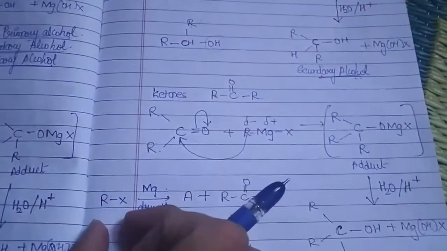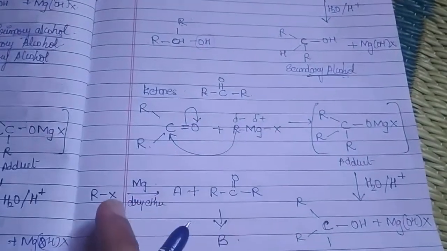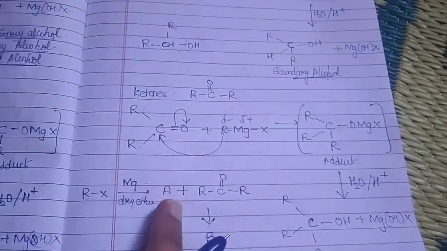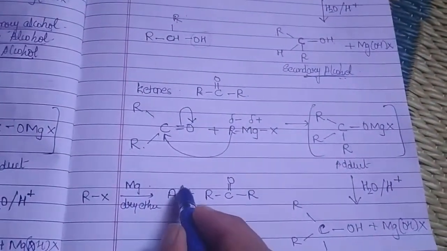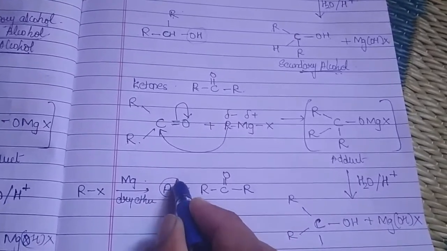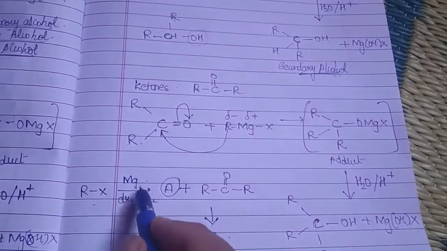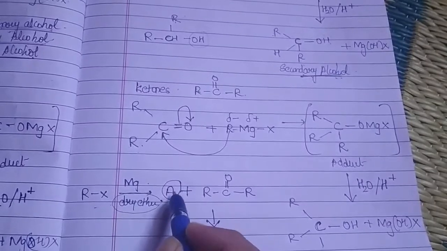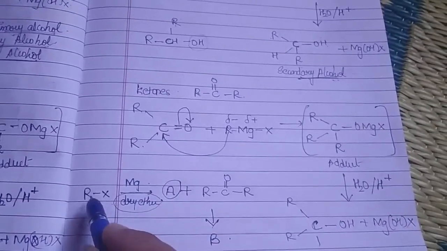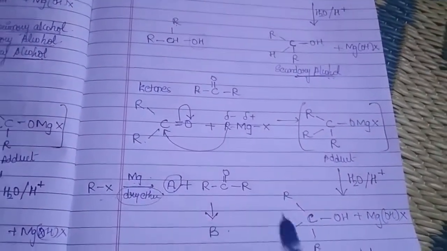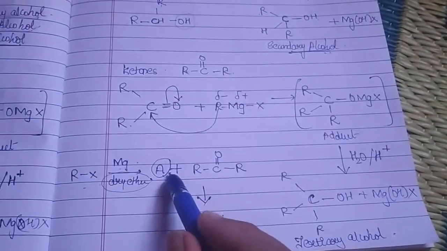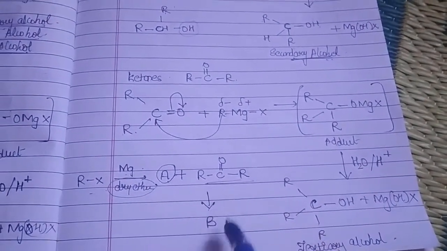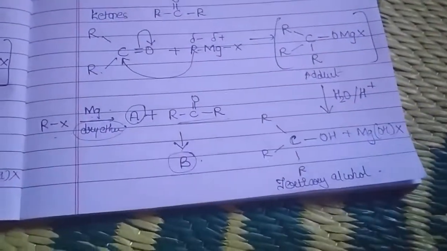One is from haloalkanes and haloarenes, where we see how to prepare a Grignard reagent. Through A, what are you going to get? A Grignard reagent. RX plus Mg in the presence of dry ether gives us RMgX. Once you get the Grignard reagent, when it is treated with a ketone, what will be your B? A tertiary alcohol.